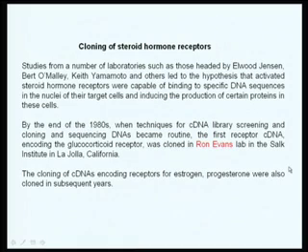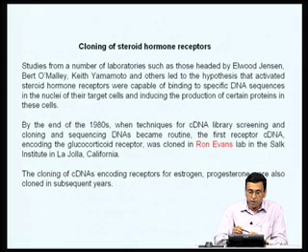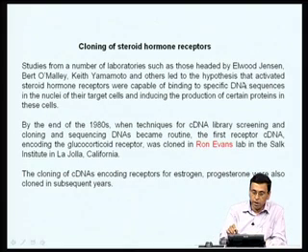The most important phase in the study and understanding of steroid hormone receptor function began with the cloning of the steroid hormone receptors. So I am going to give you a brief historical perspective of how the steroid hormone receptors were cloned. Studies from a number of laboratories, such as those headed by Elwood Jensen, Bert O'Malley, Keith Yamamoto, and many others, made very important contributions to the understanding of steroid hormone receptor function.